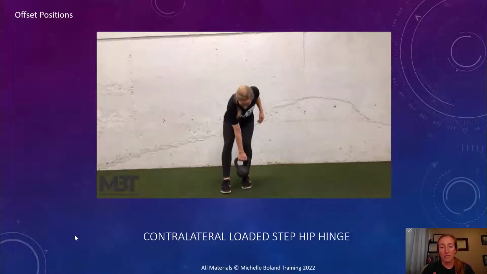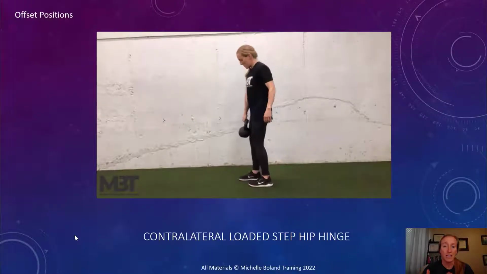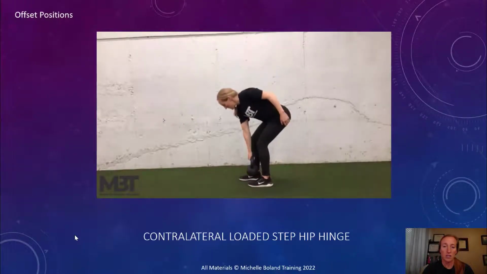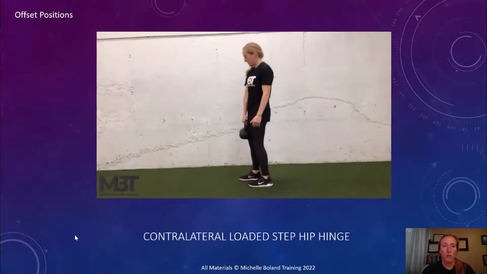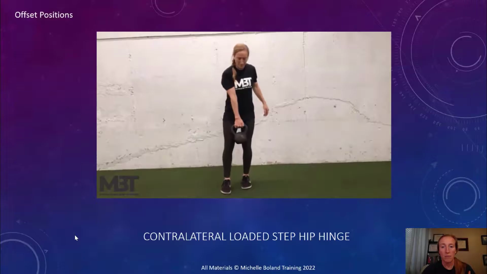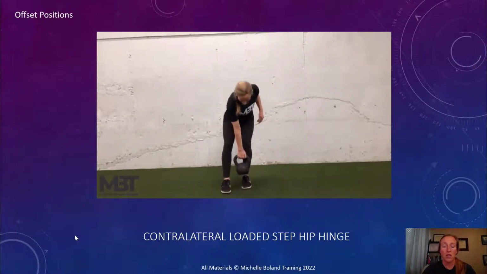And then this is also an example of an offset loading position. So I have the opposite hand holding the weight, which is going to rotate me in this particular instance to my left side. And if I could have created a fourth rule, I probably would have added respiratory phases of respiration into your lifts.